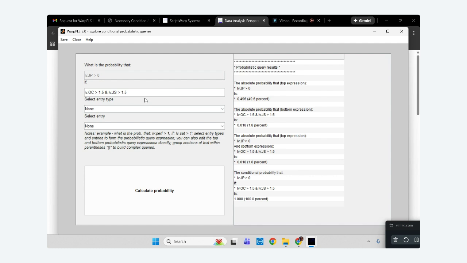Both latent variable scores, I expect them to be greater than 1.5 standard deviations above the mean in this data set for me to have JP above average. So those two together are sufficient conditions for JP to be above average.